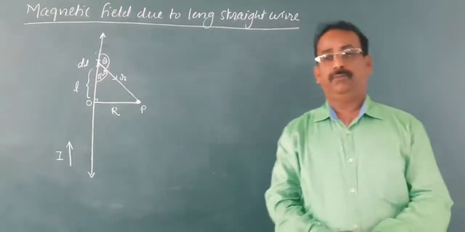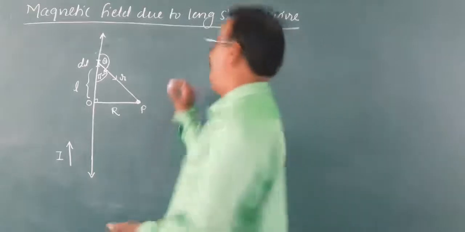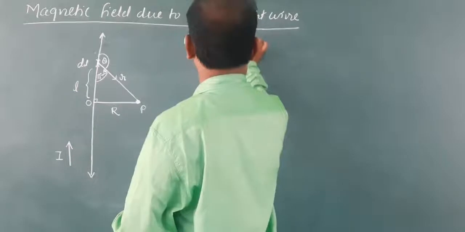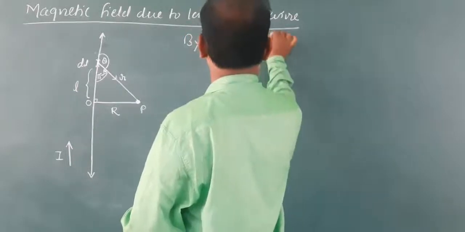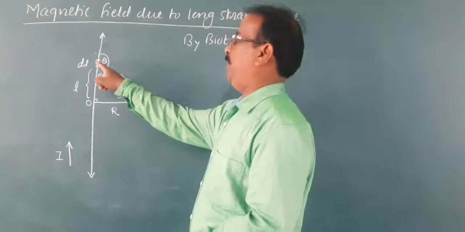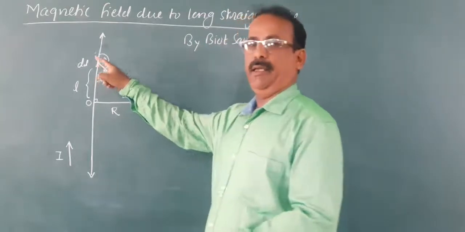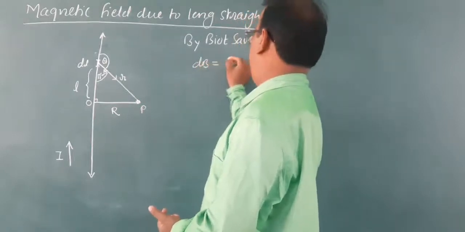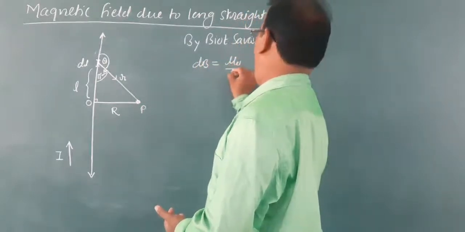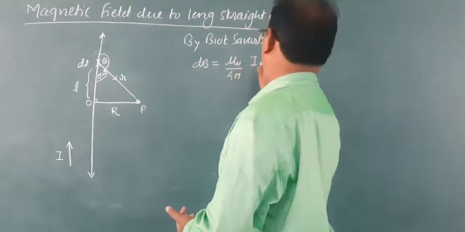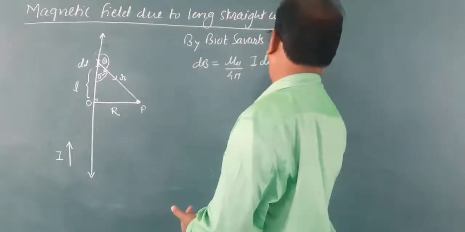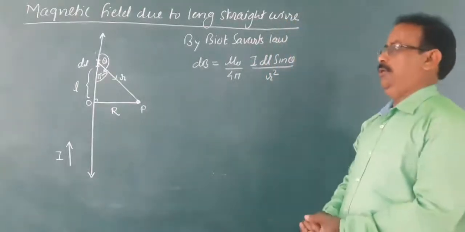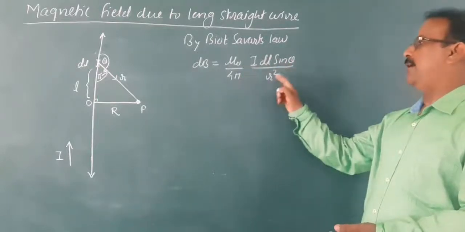Now, first write down the Biot-Savart law. The magnetic field produced by this small current element at this point P, denoted by dB, is mu 0 upon 4 pi, I dl sine theta upon r square.